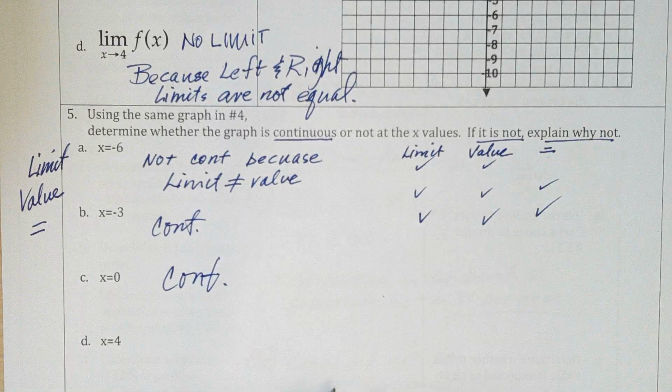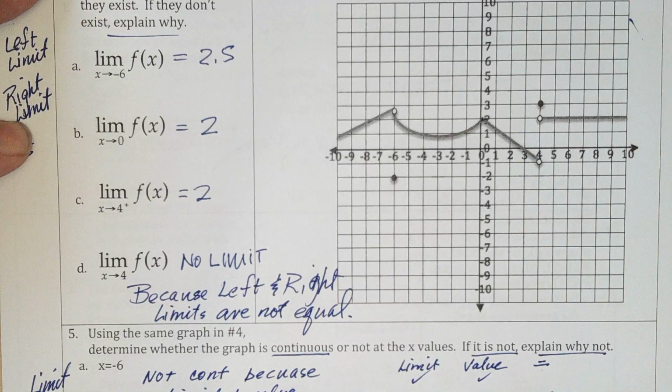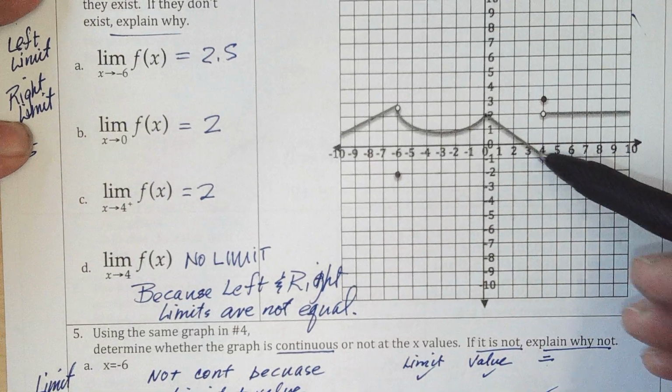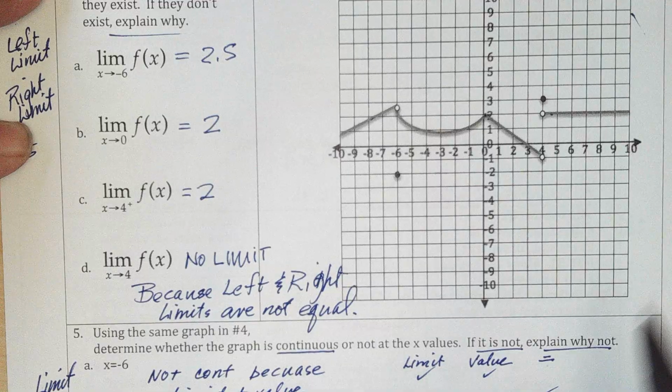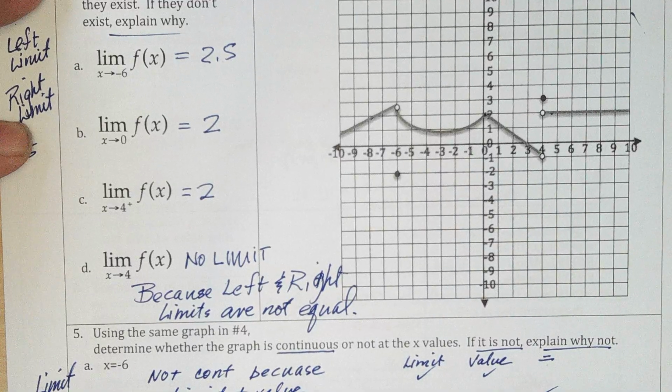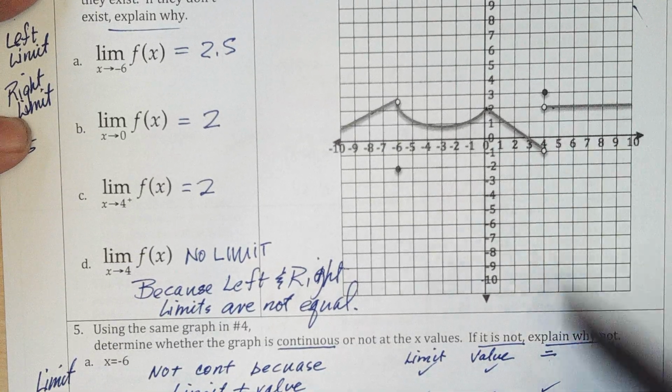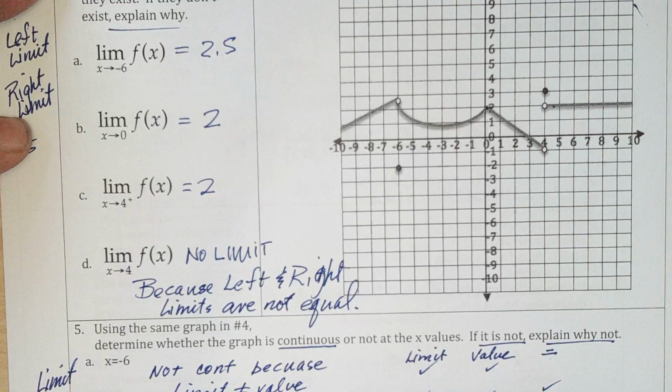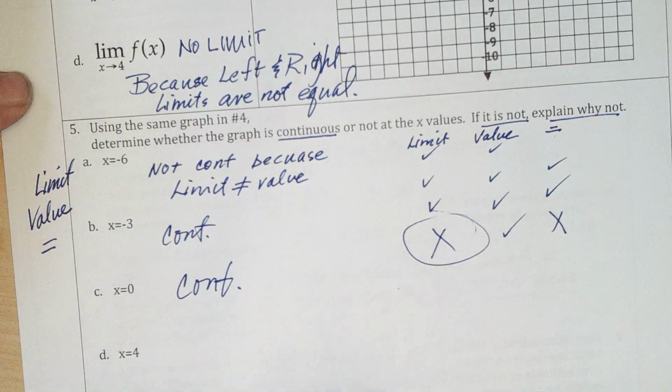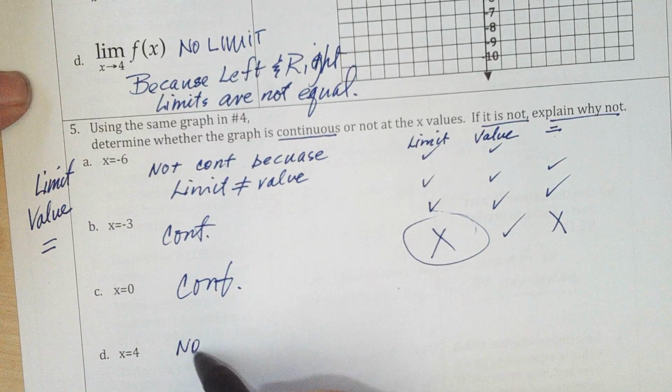All right, and then we're supposed to look at 4. Does it have a limit? Well, it failed. So I'm done. It does have a value. I don't need to check that. We know they're not equal, but it failed a prior test. No limit.